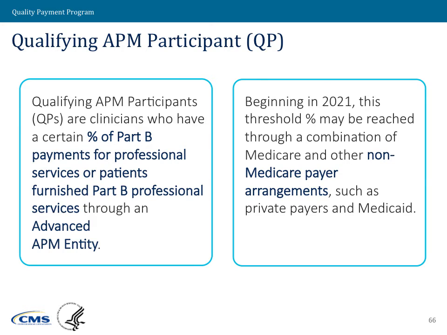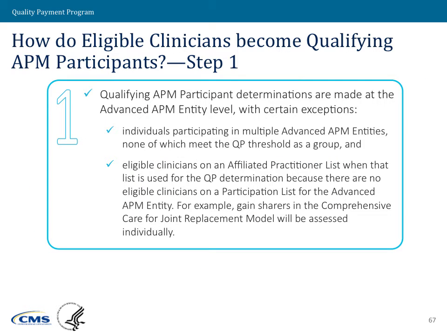So we'll go through a series of steps here to go from how do we identify those participants to them actually being identified as qualifying APM participants, meeting those thresholds and receiving the rewards. So the first step is that we will make these qualifying APM participant determinations at a group level as a default.